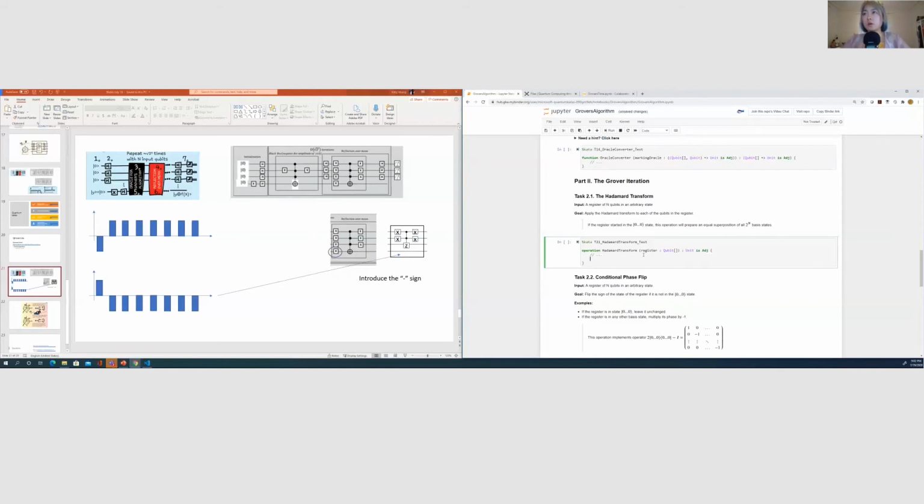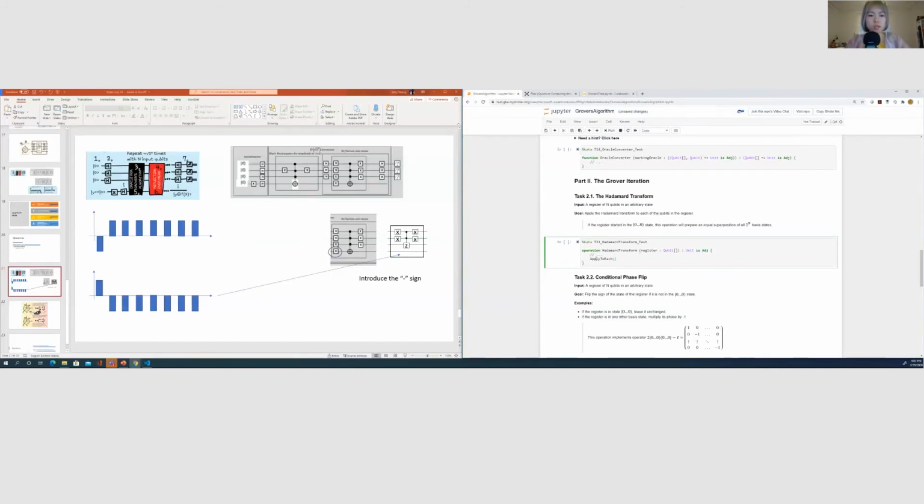So again, you're going to do the Hadamard. We have a very convenient operation called ApplyToEach. That reduces your writing. You don't have to write 3 lines, for all the qubits in your register do an H, because we do have a command called ApplyToEach.